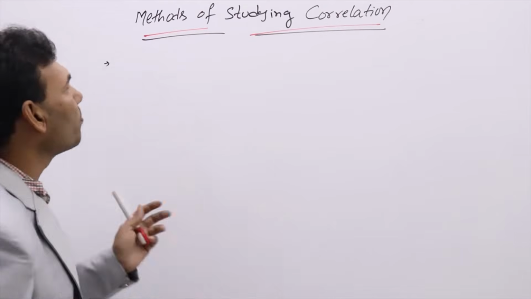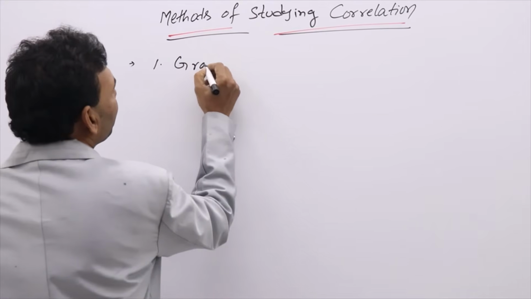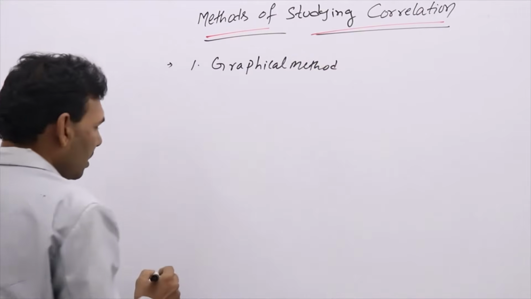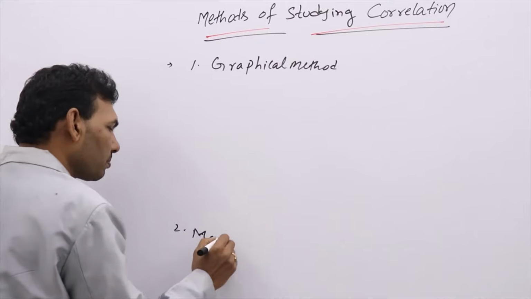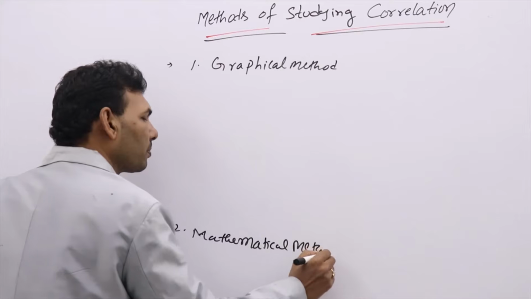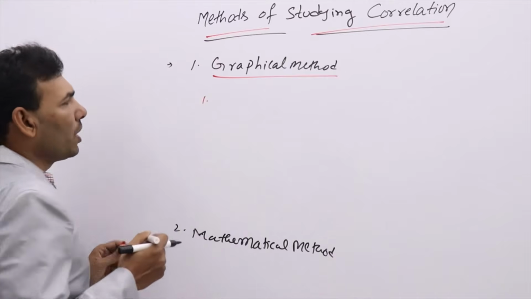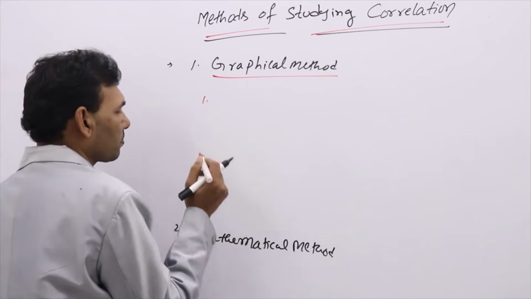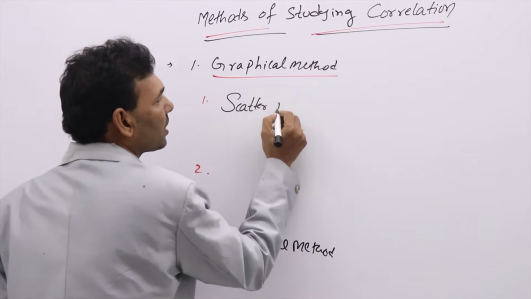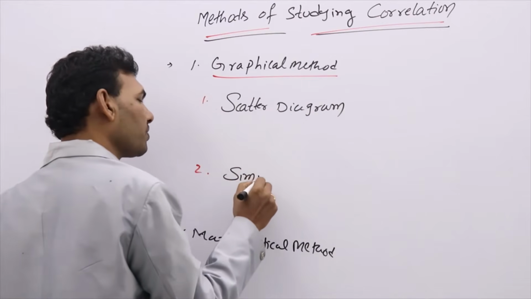Broadly, there are two methods to study the correlation. One is the graphical method. Another one is the mathematical method. Coming to the graphical method, in this we have two more methods: the scatter diagram method and simple graphs.